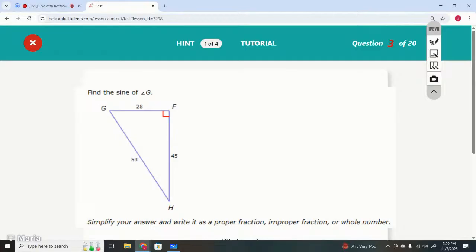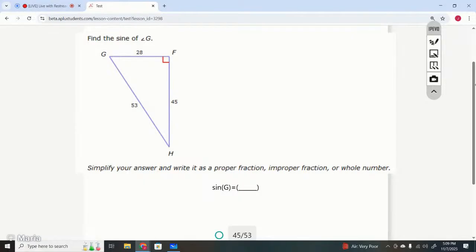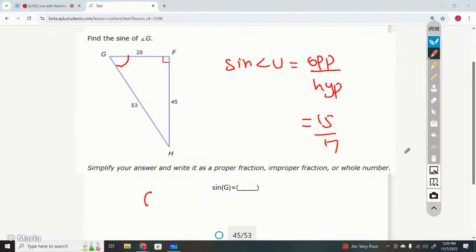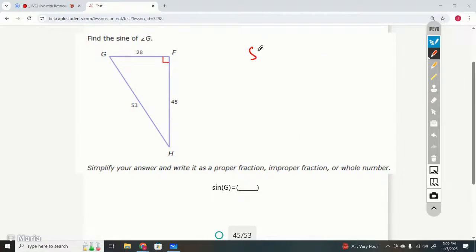Find the sine of angle G. Sine of angle G, here it is. So sine of angle G is opposite divided by hypotenuse. So where is opposite?